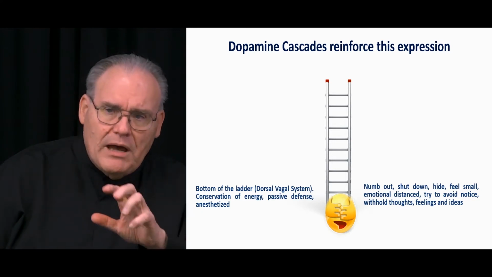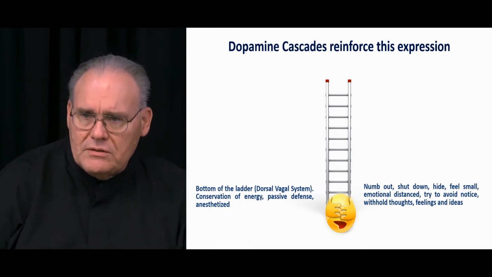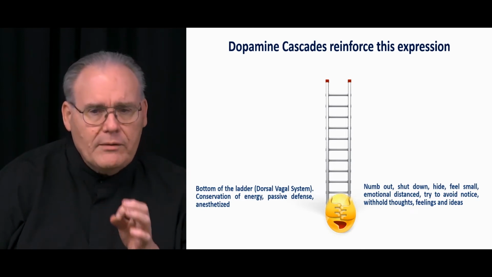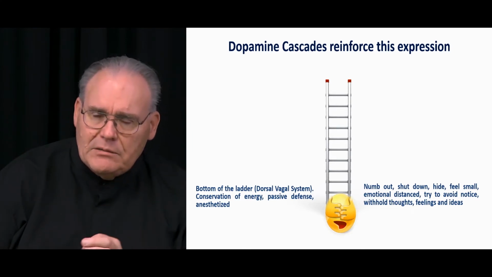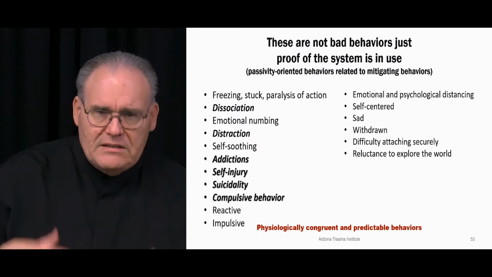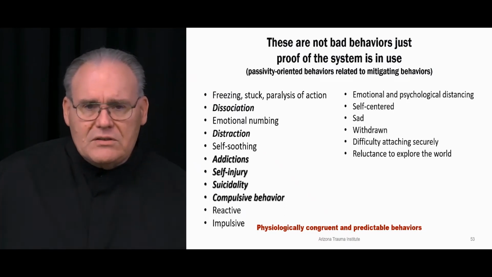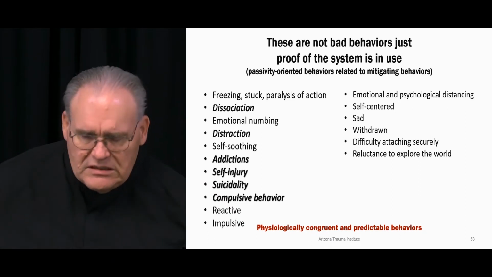So if you're at the bottom of the ladder, there are absolutely correct responses that you should see. If you're working with somebody and they're at the bottom of the ladder, you should see predictable behaviors, and these are what they are. You should see freezing, feeling stuck, dissociation. You should see emotional numbing, distraction, self-soothing.